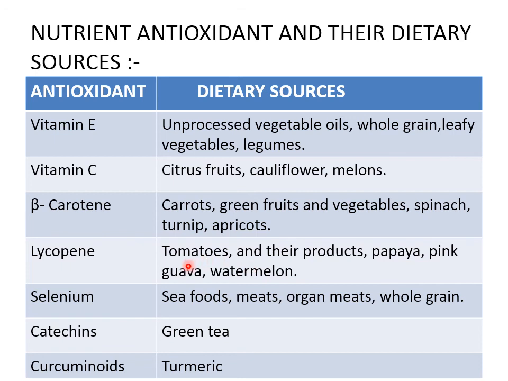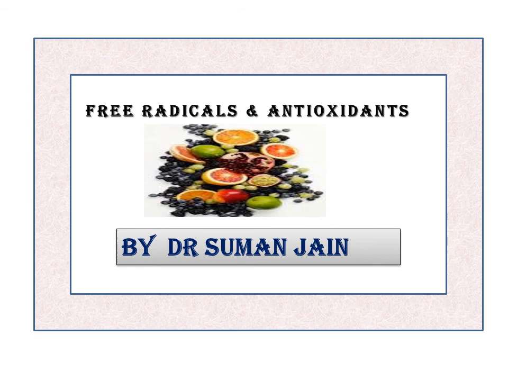Papaya, pink guava, watermelon, all these contain lycopene. Selenium is present in seafoods, meats, organ meats, whole grain, and catechins are present in green tea. That's why nowadays everybody has started to drink green tea rather than milk tea. Curcuminoids are present in turmeric, which is also a very good antioxidant.